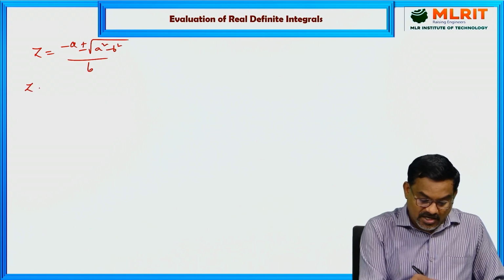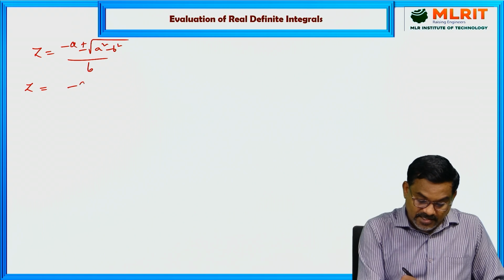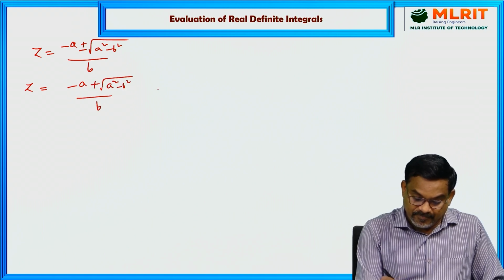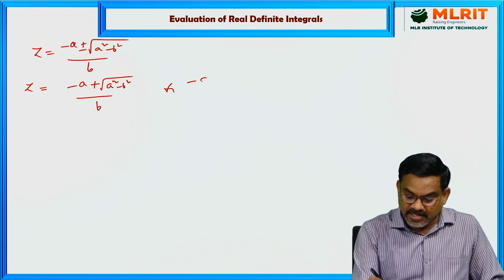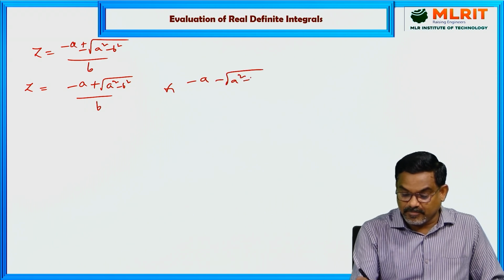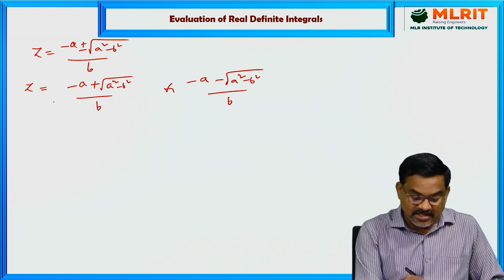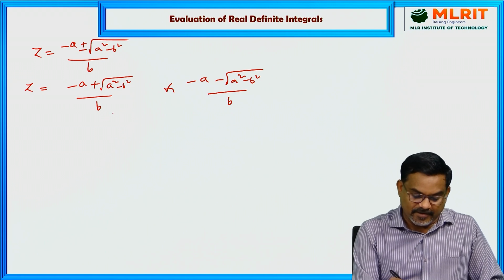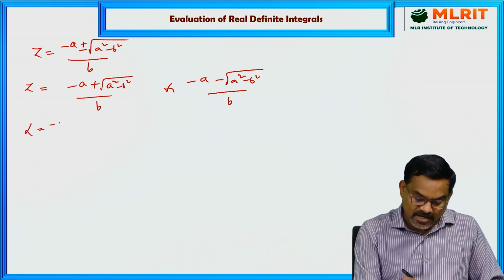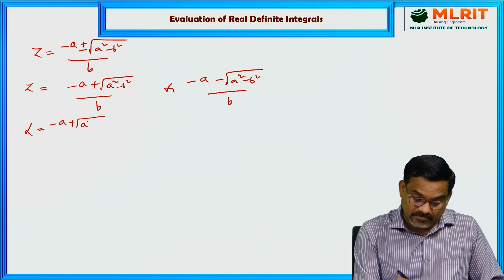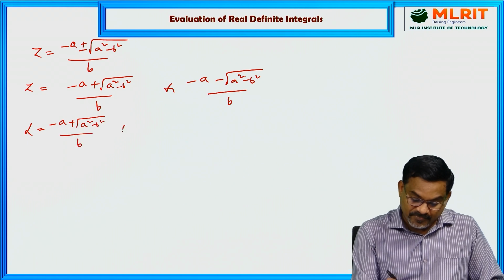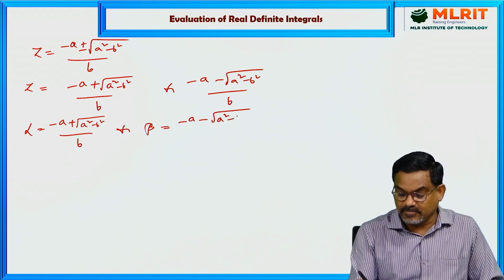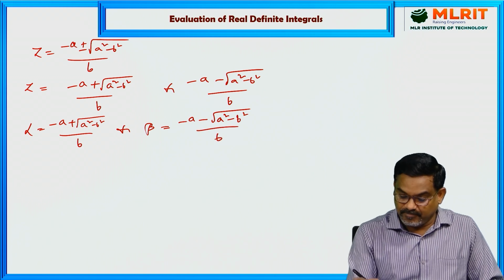So the roots are minus a plus root a square minus b square by b and minus a minus root a square minus b square by b. Let us denote these two roots by alpha and beta. So alpha is minus a plus root a square minus b square by b and beta is minus a minus root a square minus b square by b.